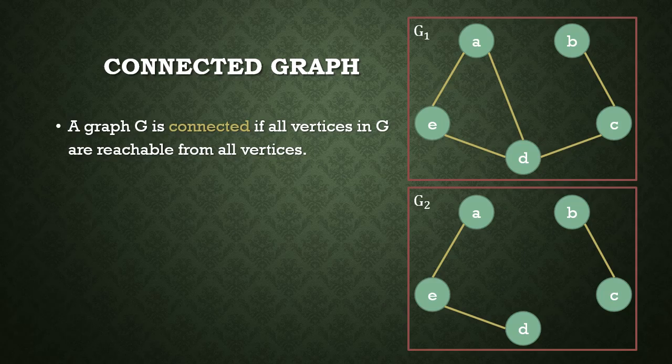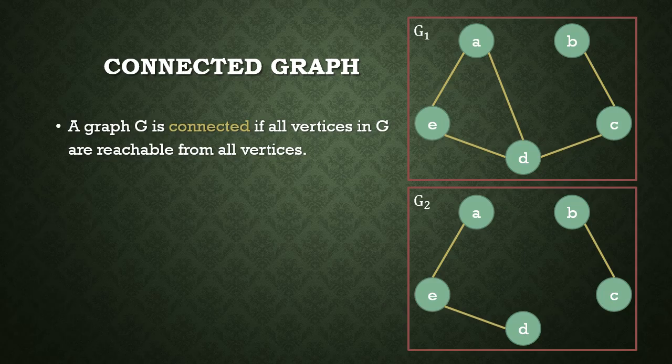So all nodes are reachable from D. Finally, place yourself at E, where you find that all nodes are reachable from E. So this means that for the graph G1, all nodes are reachable from all nodes. So I say that the graph G1 is connected.